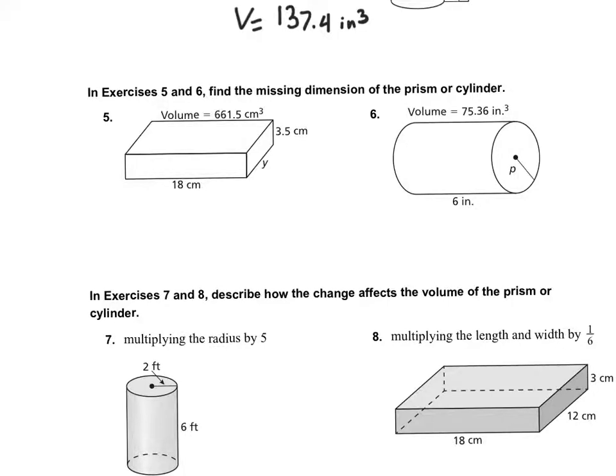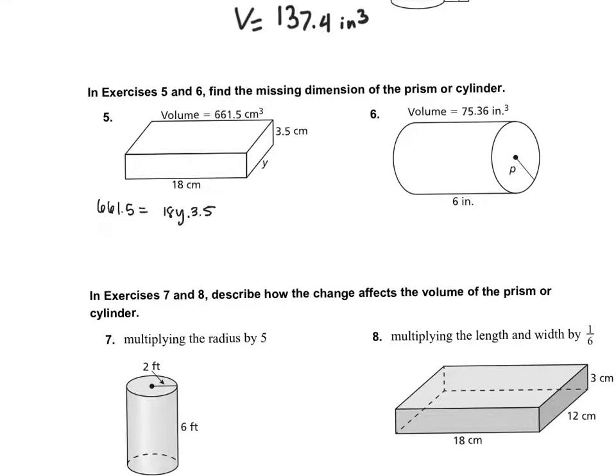In order to do that, we know that the volume is 661.5, and it's going to be base times height, which in this case, base would be 18 times y, and then the height is 3.5. So that would be 18y times 3.5.